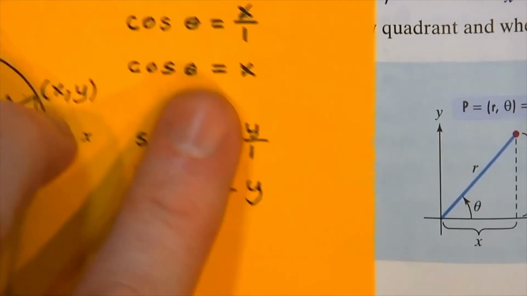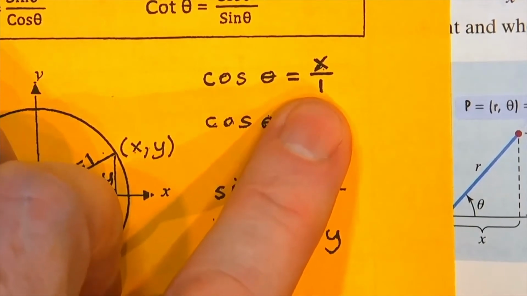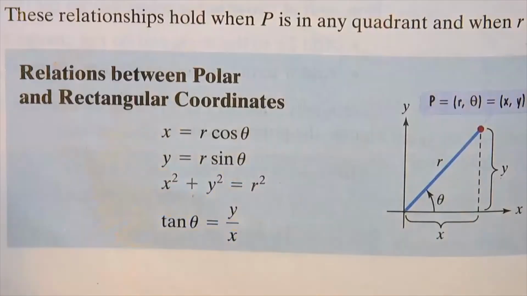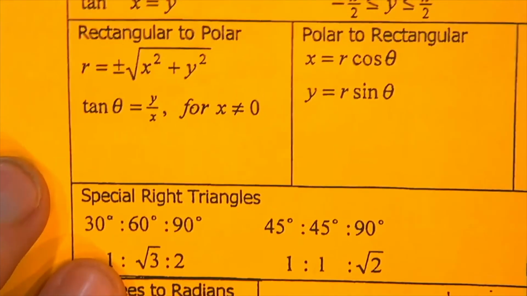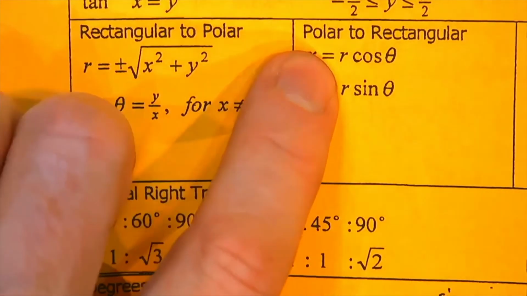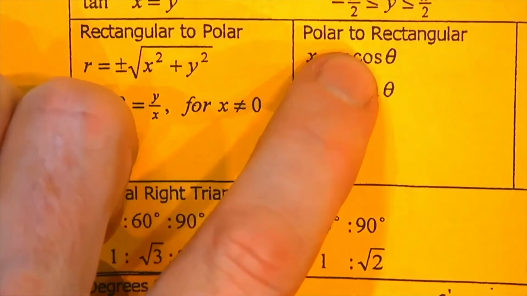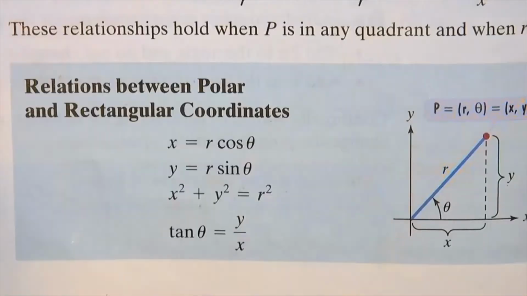That's really right in here. If you remember, cosine is this. Instead of the radius being 1, what if it were r? And you just cross multiply. I know it's a brief explanation, but this is just the Pythagorean theorem. This is tangent. And x is r cosine, y is r sine.